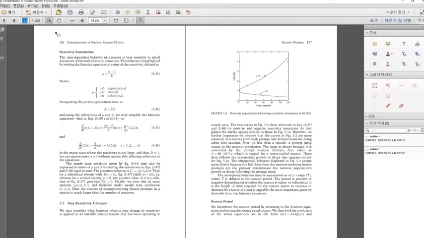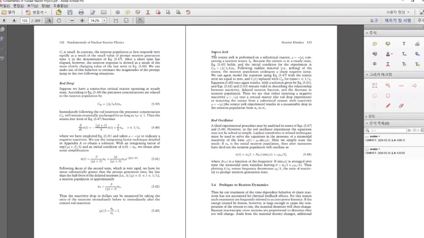What about the case of the source jerk? We are going to see that the result is in fact the same as the rod drop.